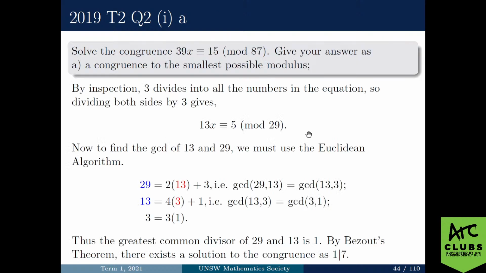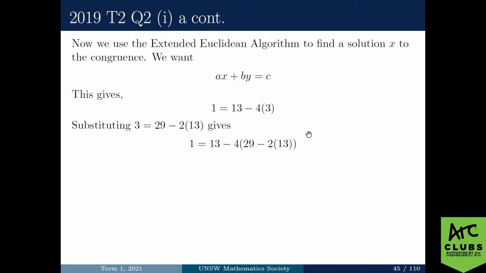As we saw here, 29 equals 2 times 13 plus 3. So if we sub in 3 equals 29 minus 2 times 13, we can get that 1 is equal to 13 minus 4 times that, which is just 3. And doing a bit of rearranging, we get that 9 times 13 minus 4 times 29 is equal to 1.